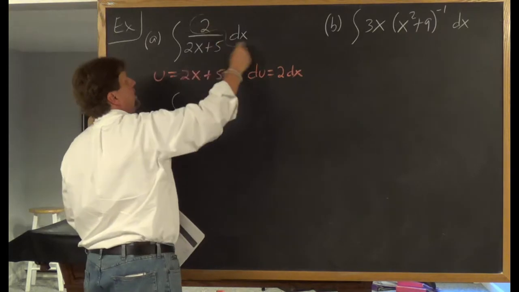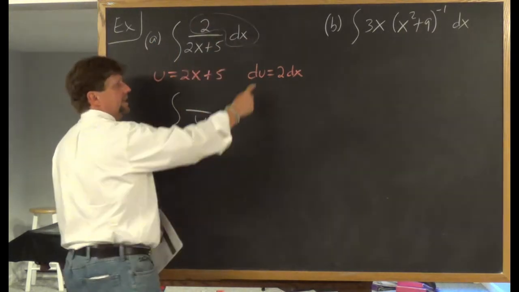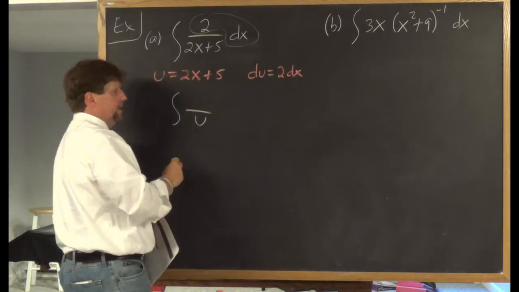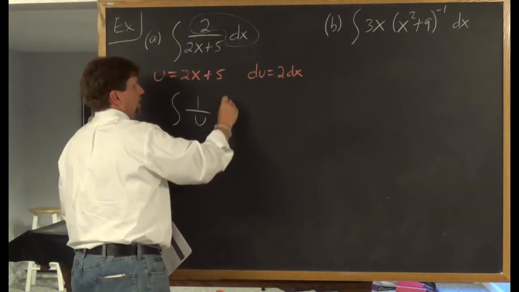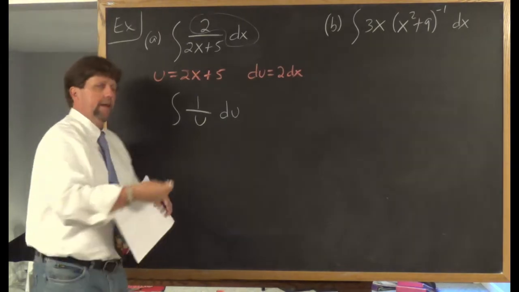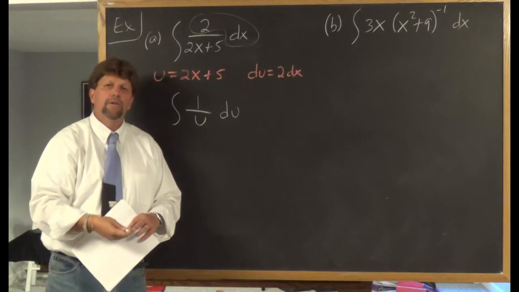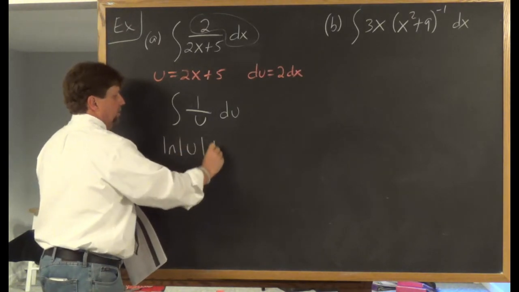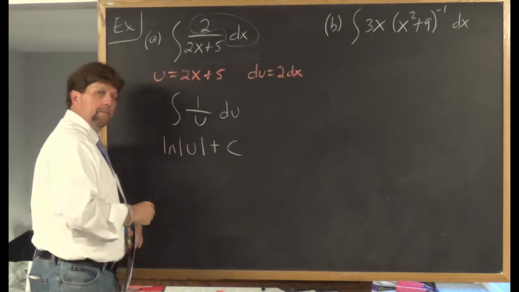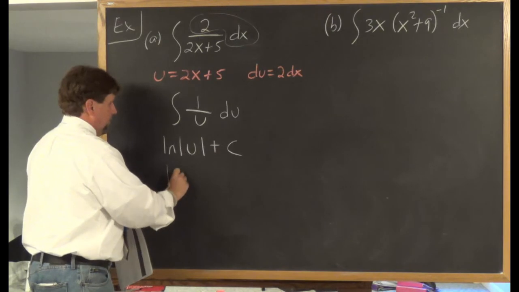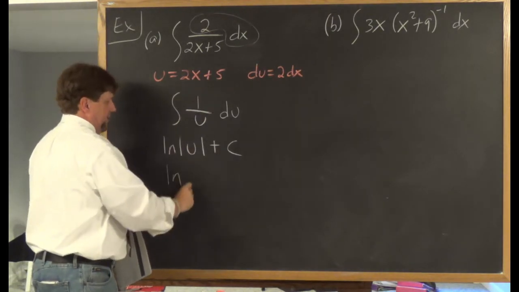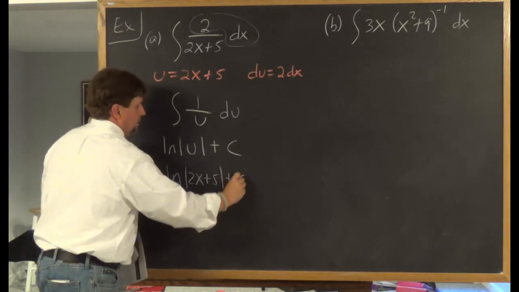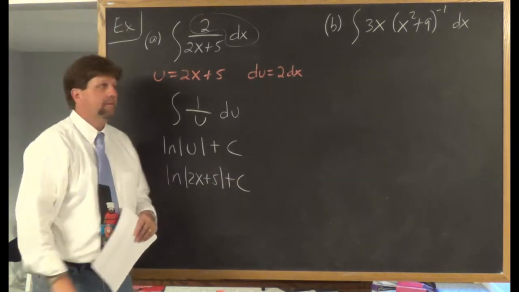The 2 dx, 2 dx is du. So we're going to substitute du in for 2 dx. So I'll put a 1 up there. du, antiderivative of 1 over u. You got it. Natural log absolute value of u plus c. And now we resubstitute 2x plus 5 in for the u. And that's it for part A.